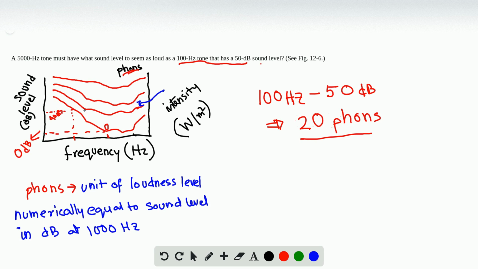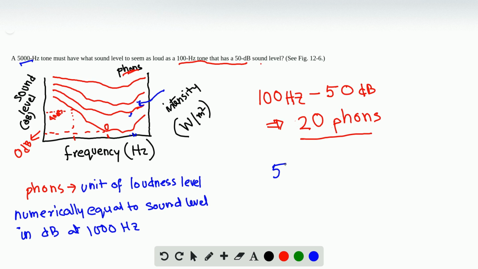Now what we need to do is see how many decibels we get for a 5000 hertz tone, right? So we see 5000 will be approximately here, and if we match that with our y-axis, which is the sound level, we get approximately 20 decibel.